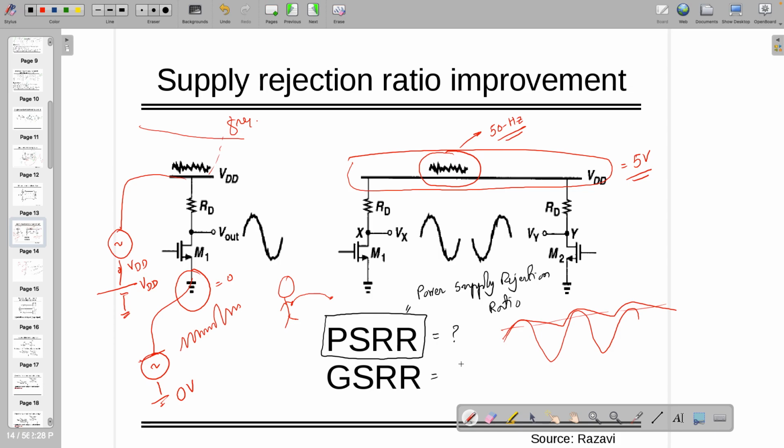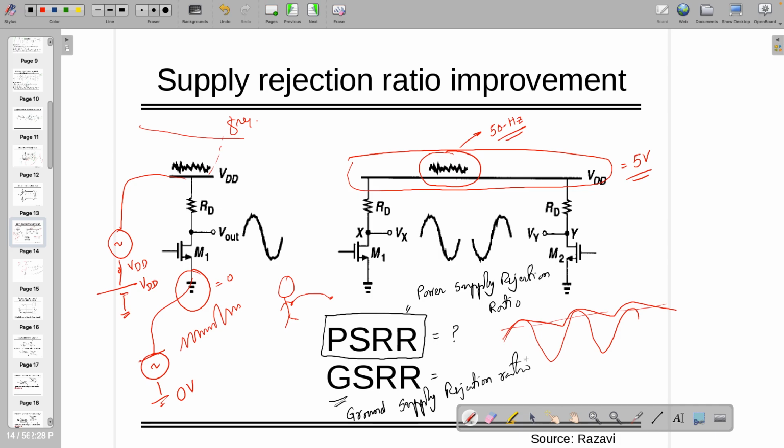In the same way you get the problem because of the power supply, because of the ground supply also you can get a similar problem. Right? Because the ground is fluctuating, it is also acting as one of the input sources, and that's going to add some sort of signal there, and that's going to create a problem.